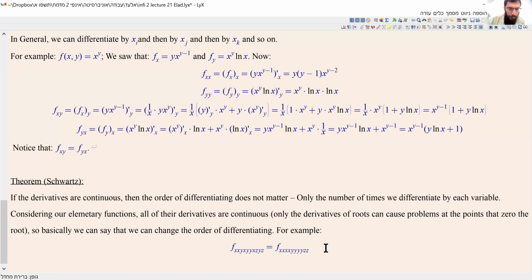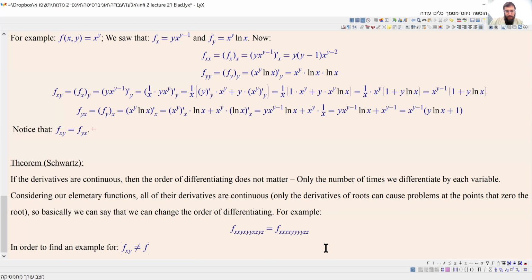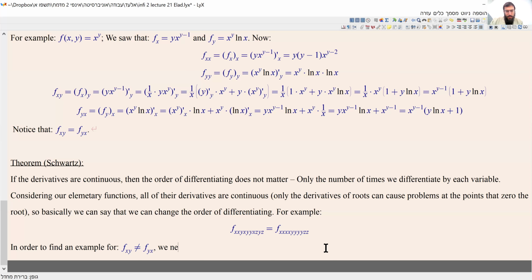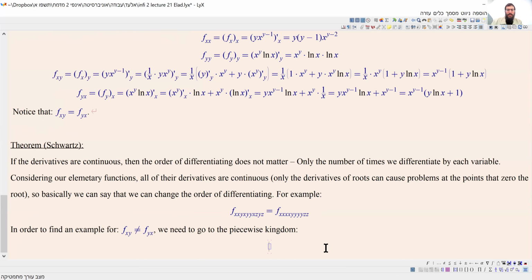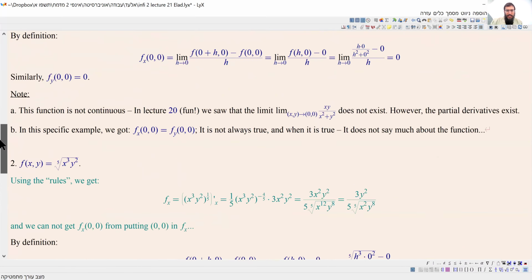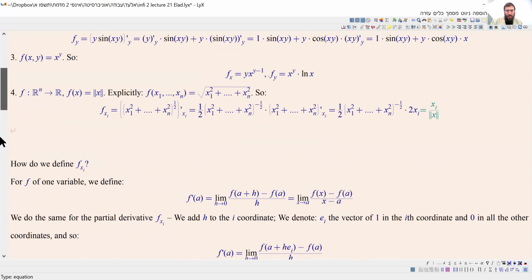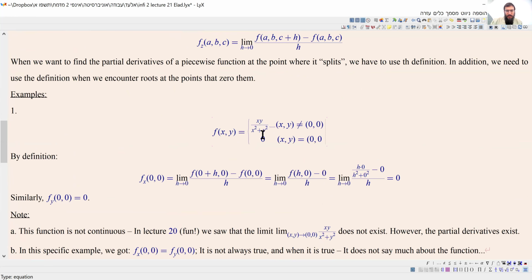So a nice example: in order to find an example for fxy not equal to fyx, we need to go to the piecewise kingdom. But an example in which fxy and fyx are not the same, you can use this function.